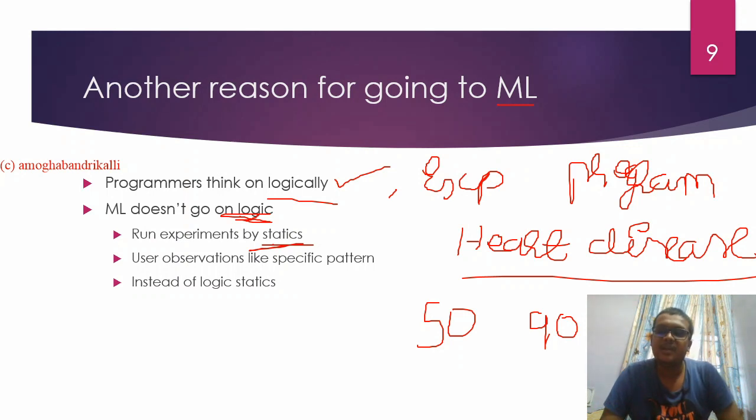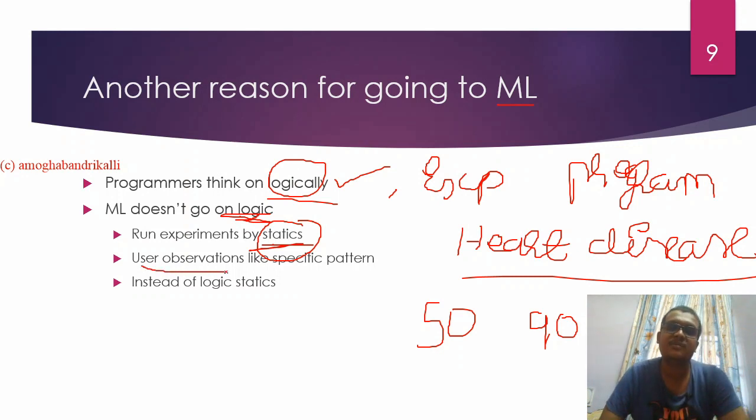So these will be like true or false conditions. If it is true, it is 1. If it is false, it is 0. So based on this scenario, based on the statistics, machine learning is going to give a solution, not in a logical fashion. Next, user observation tactics can be implemented in machine learning based on patterns.